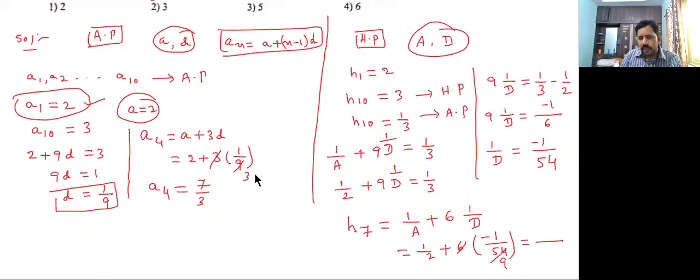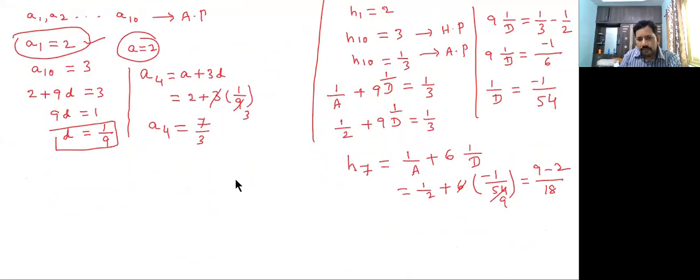What is the LCM? 18. 9 minus 2. How much do we get? Finally, H7 value, that is 7 by 18.